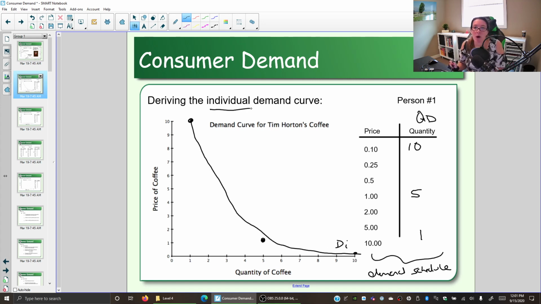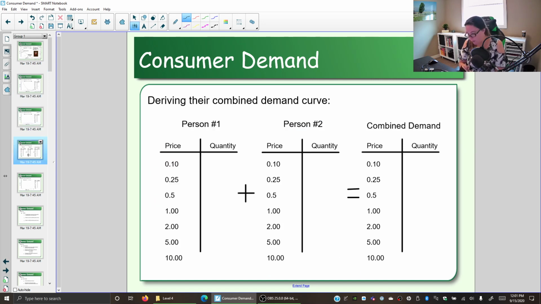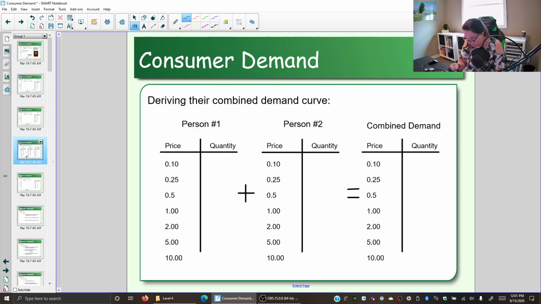It shows one person's preferences and ability, how much I like coffee and what I can afford based on my income. To find the market demand, we would need to find the individual demand for multiple people. So we could fill out demand schedules for multiple people. And let's just pull some of these numbers over, 10, 5, and 1. And we would fill out the other numbers as well.